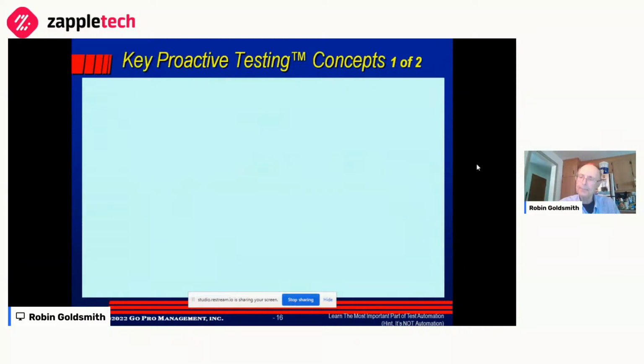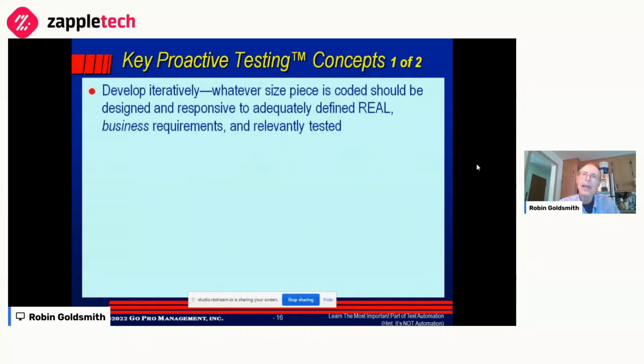So I suggested that proactive testing, my methodology, is an alternative that helps us get the right tests or get better tests right. First of all, proactive testing is an iterative practice. Whatever size piece of code is being coded should be designed and responsive to adequately defined real business requirements, and they should all be relevantly tested.